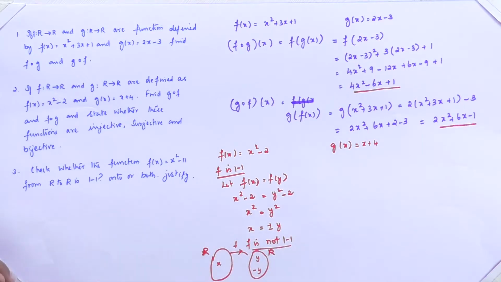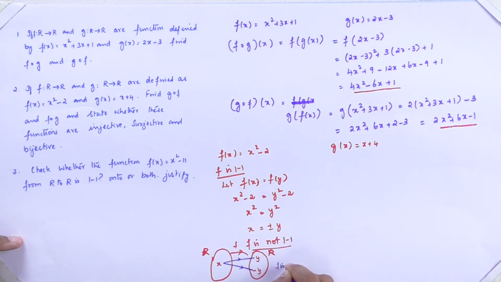That is not the case for 1 to 1. What does 1 to 1 say? Each and every element of x should be distinctly mapped onto the elements of y. That is not possible, so we say that f is not 1 to 1. So this is the other way; by just looking at this, I can say that.